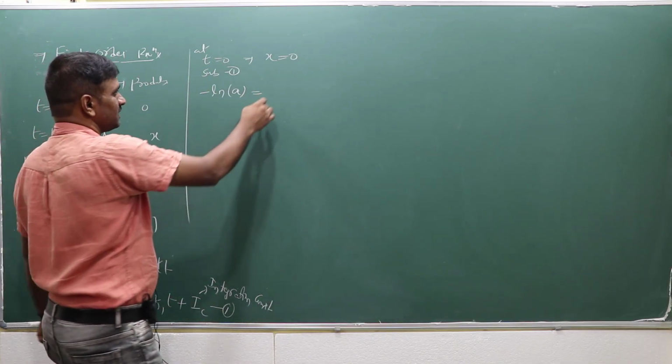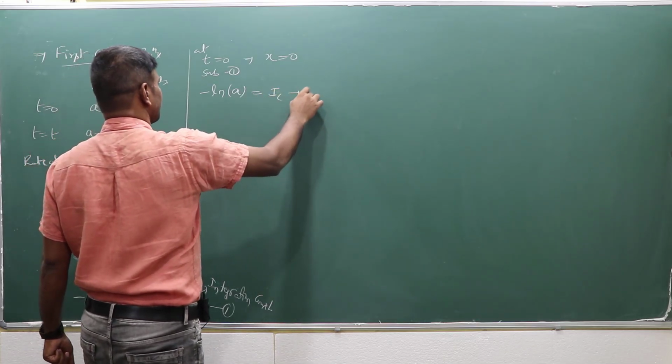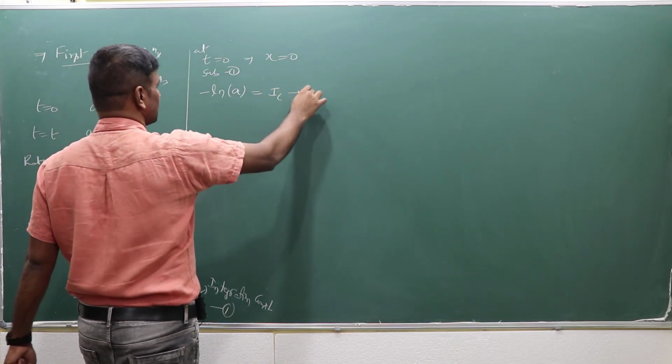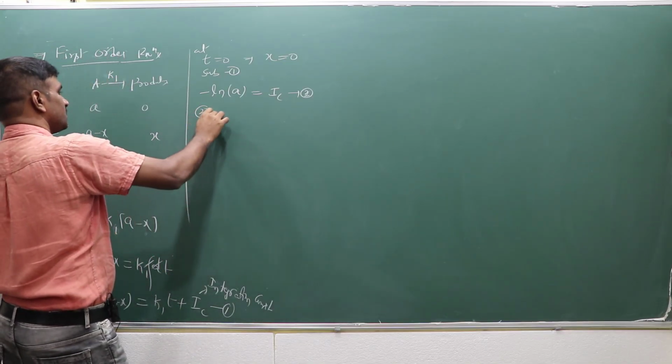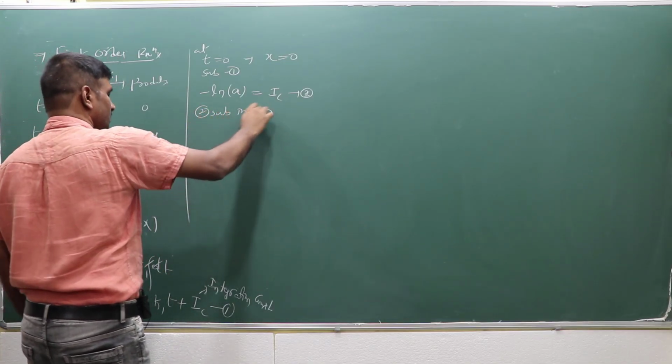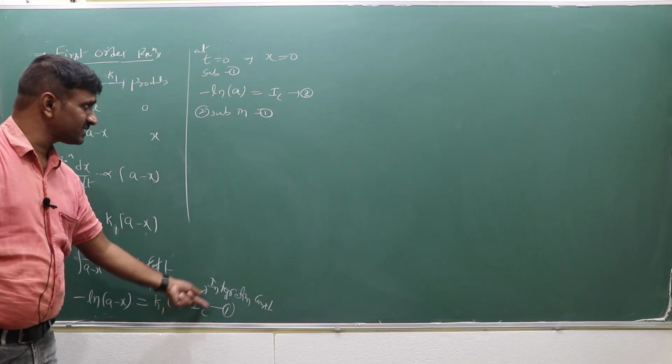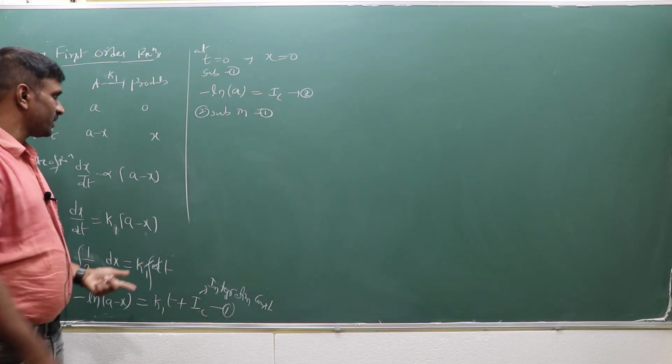What remains is the integration constant IC. This is equation 2. Again this equation 2 is substituted in equation number 1. In the place of IC, the integration constant, we substitute minus ln a.